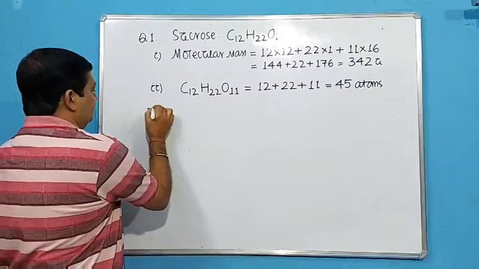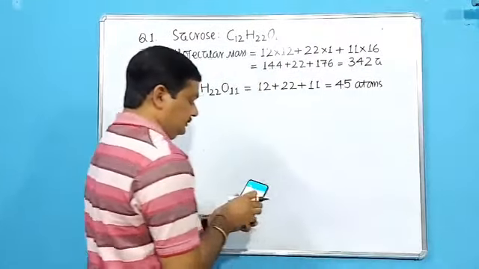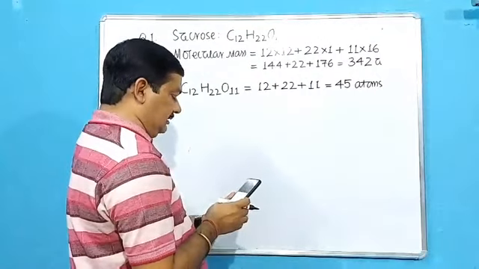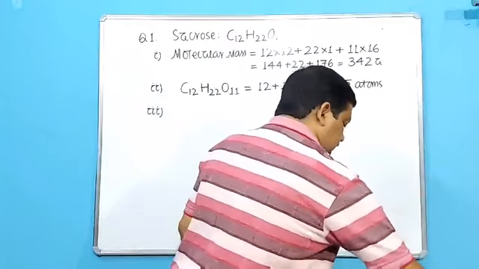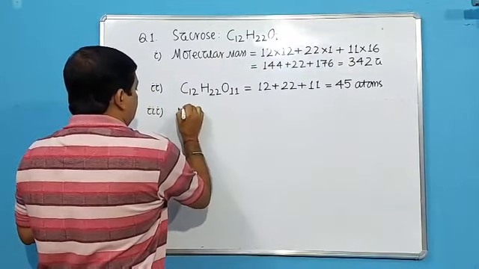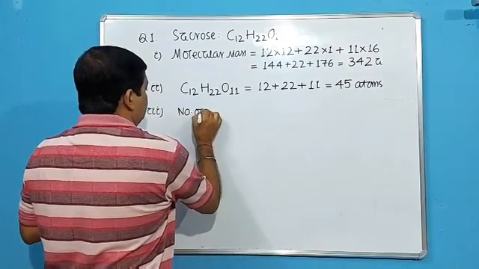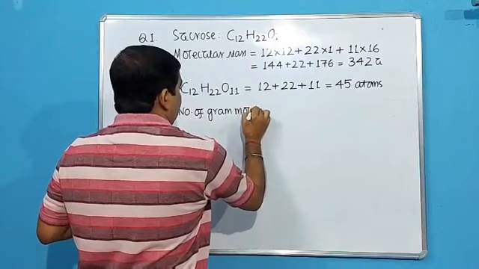Then bit third: find out the number of gram molecules present in 34.2 gram of sucrose. So how to find out the number of gram molecules? What is the formula I told you? What is a gram molecule?